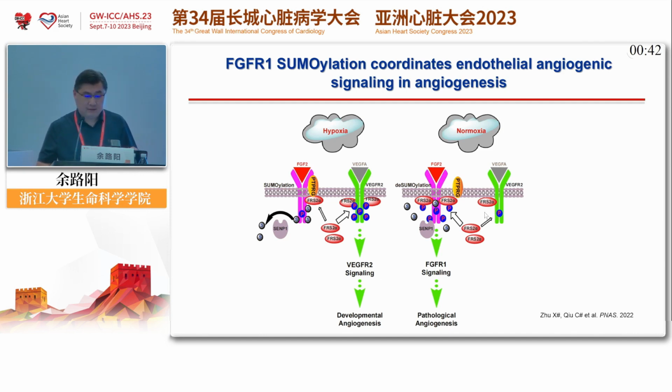But under normoxia, especially in some pathological angiogenesis, FGF2 will induce a deSUMOylation of FGFR1 and augment its signaling, which could be the major driving force in that case.